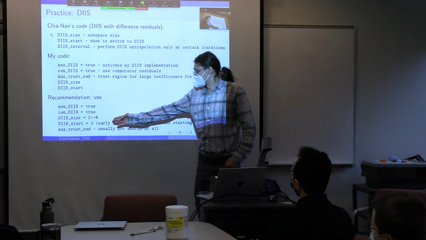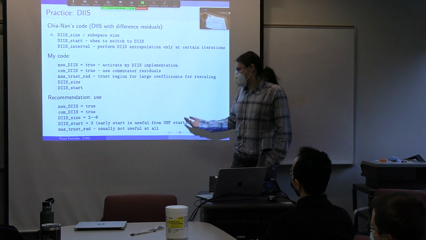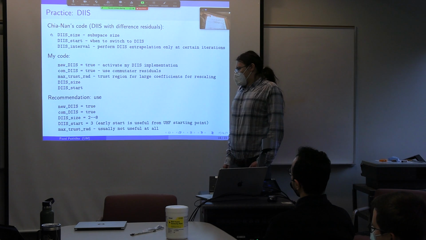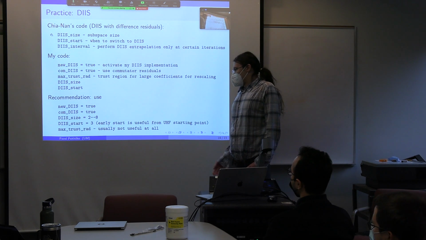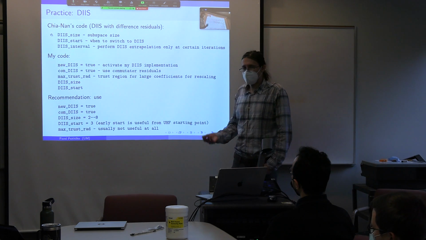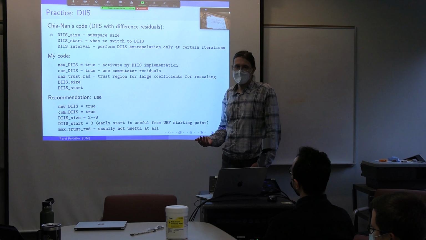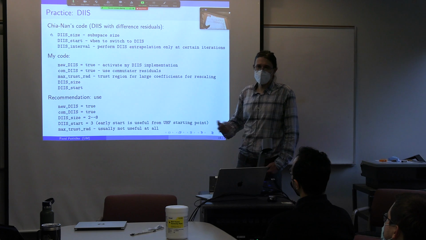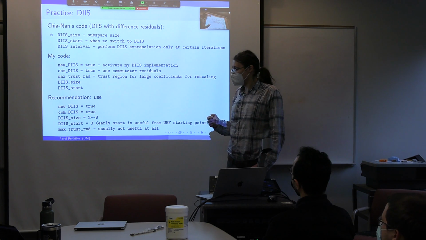And DIIS start is when the iterations should start. In practice, it depends on where you start. If you start from DIIS and, let's say, run GW, then the changes are pretty big. So maybe DIIS is not a very good starting guess for GW.